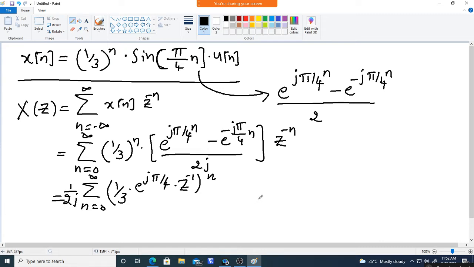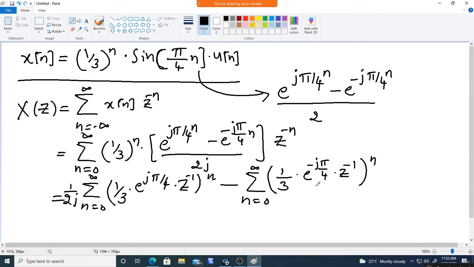Similarly, minus summation n equal to 0 to infinity 1 by 3 into e power minus j pi by 4 into z power minus 1, this whole thing power n.